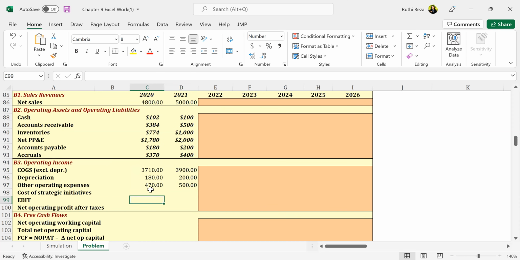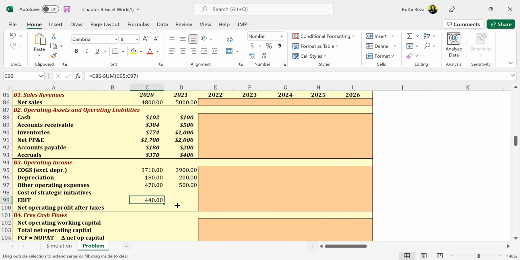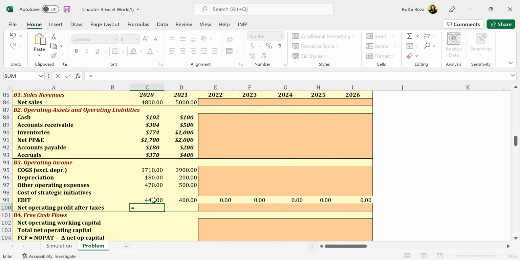Now let us calculate earnings before interest and tax. So it is sales minus the sum of all the operating expense items. Then net operating profit after tax.